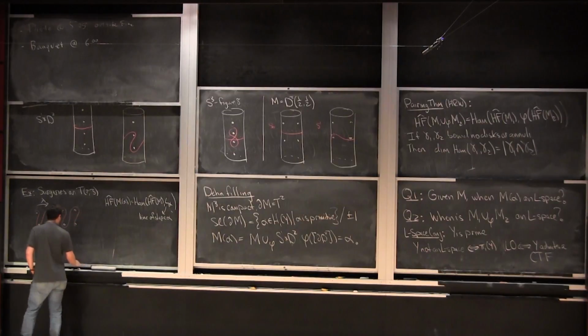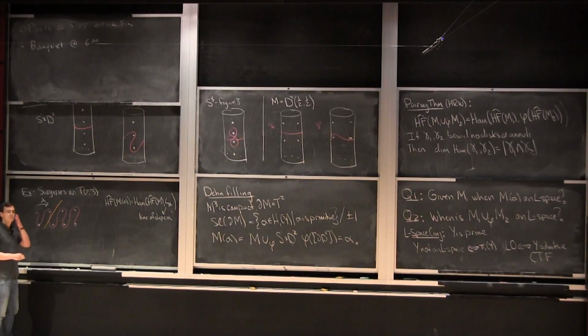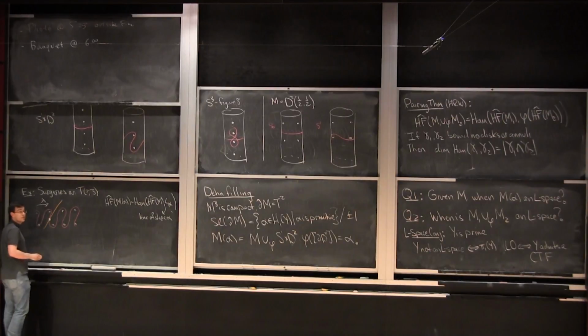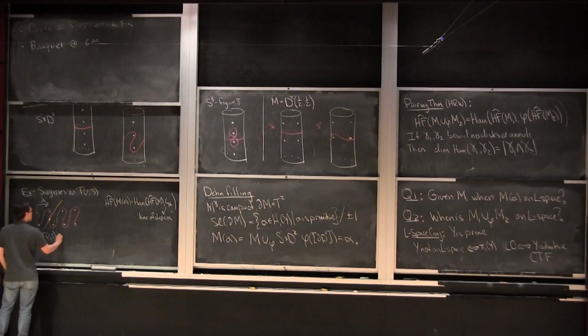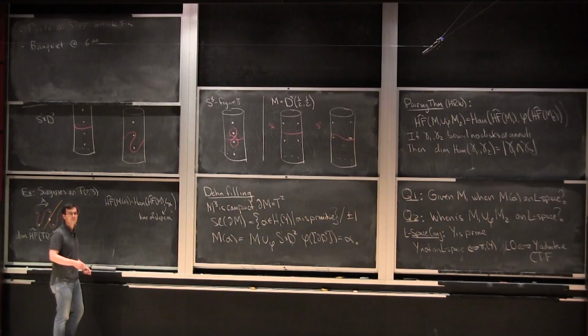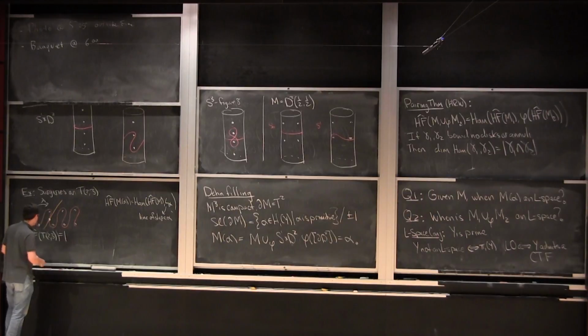So for example, if I wanted to do +1 surgery on the trefoil, I would draw this line with slope 1. I would see that there's exactly one intersection point. HF hat of +1 surgery on the trefoil is one-dimensional. That's because +1 surgery on the trefoil is the Poincare sphere. And if you know your HF hat, well, it has one-dimensional hat.